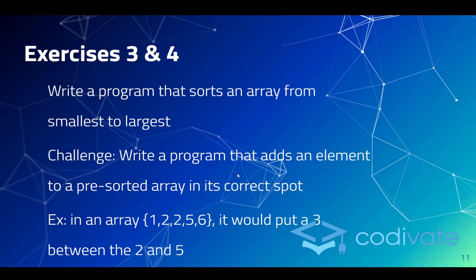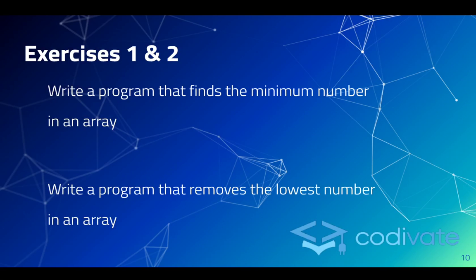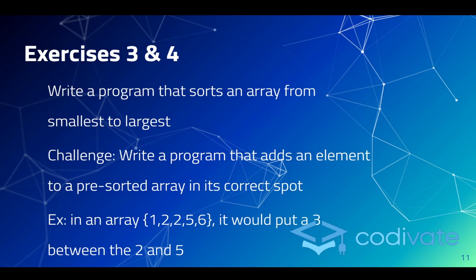Then the third and fourth exercises are write a program that sorts an array from smallest to largest. Try using selection sort for this one. If you did the first exercise, then you already know how to find the minimum number, and that's basically what selection sort is. It's finding the minimum over and over again.